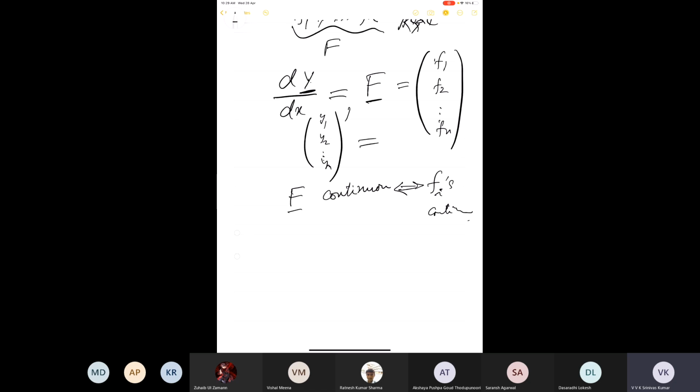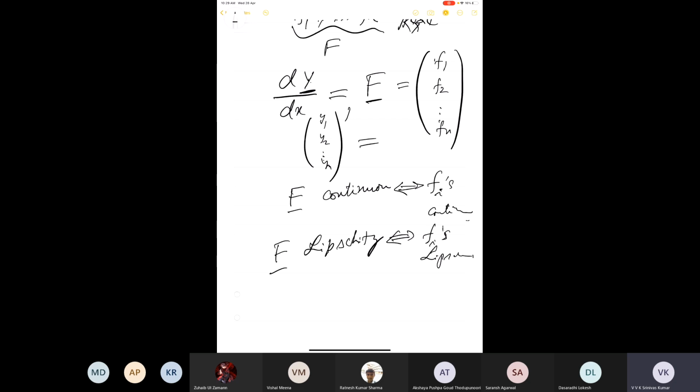So what is the meaning of continuity here, and what is the meaning of F bar being Lipschitz? How is it equivalent to each fi being Lipschitz, and so on? What is the corresponding Picard's theorem, the successive approximations?